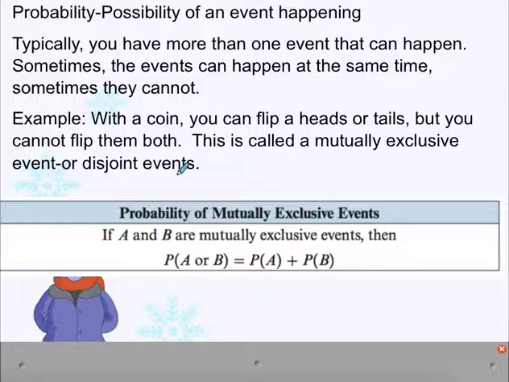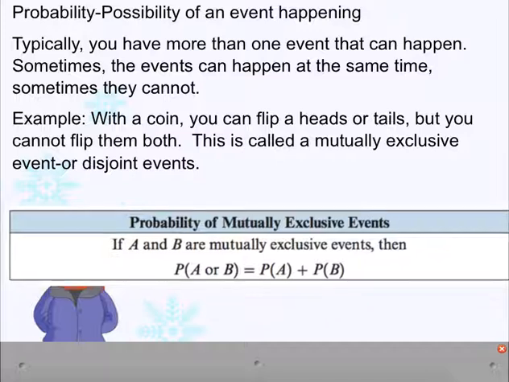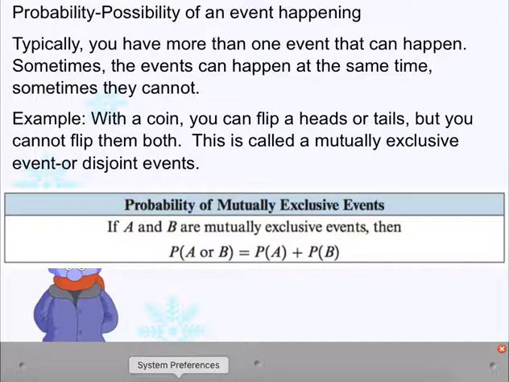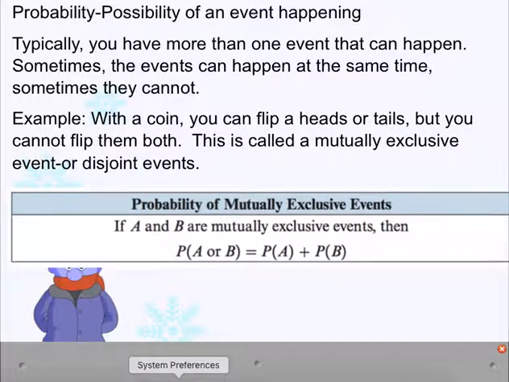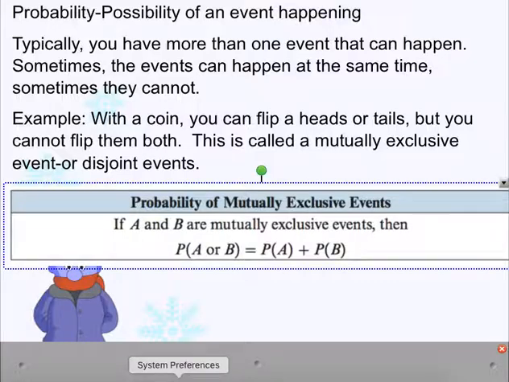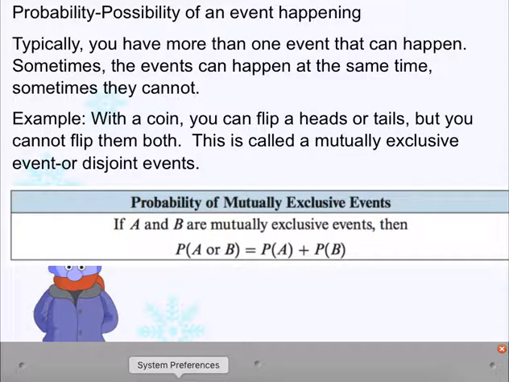This is how we find the probability of these mutually exclusive events. If A and B are mutually exclusive, then if I find the probability of A or B, I can just do the probability of A plus the probability of B. The "or" in the formula often refers to the addition sign in probability.